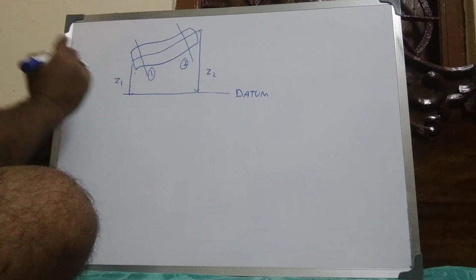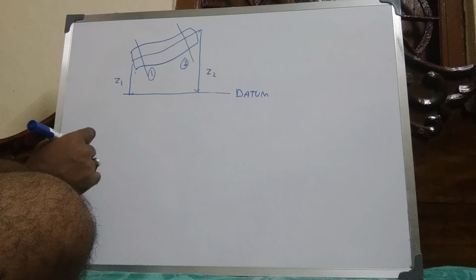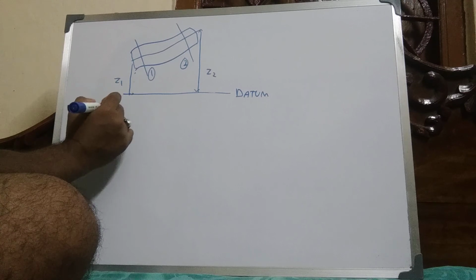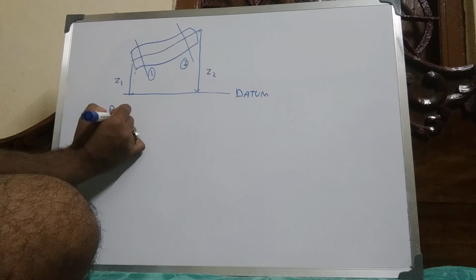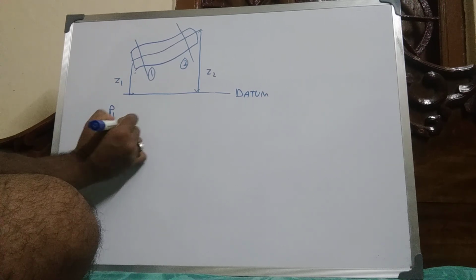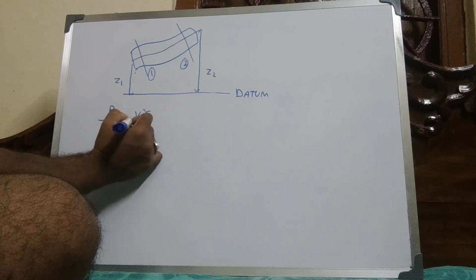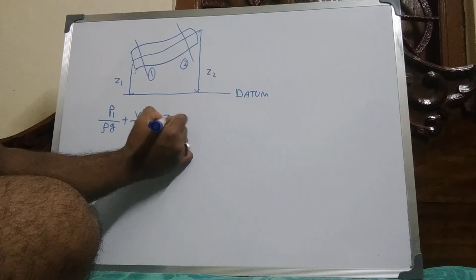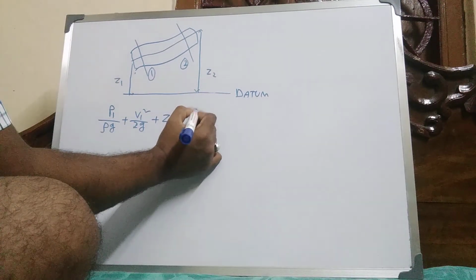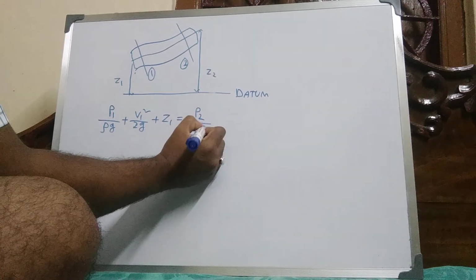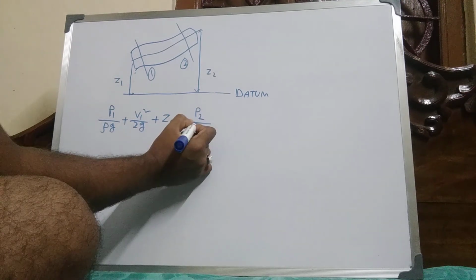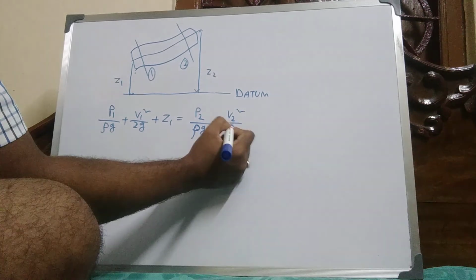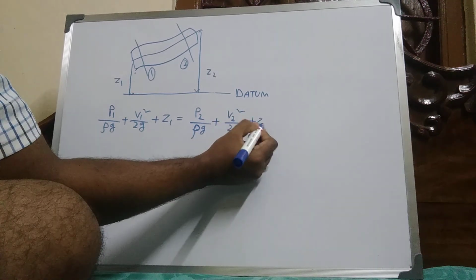So Bernoulli's equation between two sections: p1 by rho g plus v1 square by 2g plus z1 equal to p2 by rho g plus v2 square by 2g plus z2.